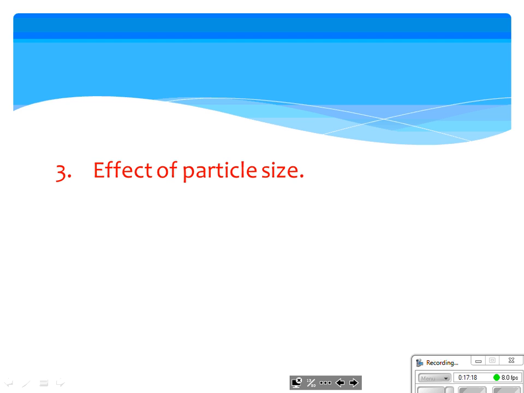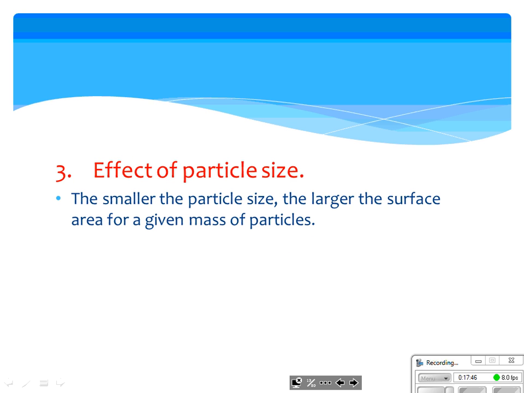Next up is going to be the effects of particle size. We were dealing with particle size when we dealt with the solubility of solutions also. And if you remember right, we found out that the smaller particles will dissolve quicker. So let's look at that in terms of the reaction. The smaller the particle size, the larger the surface area. So smaller particle size means more surface area.